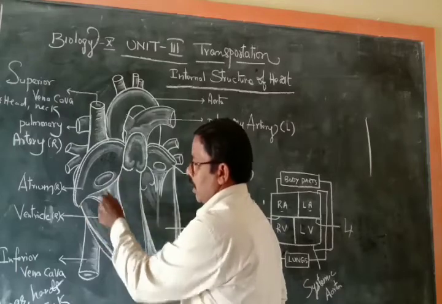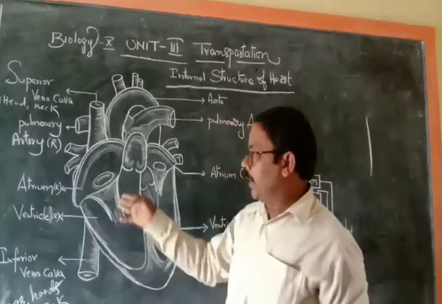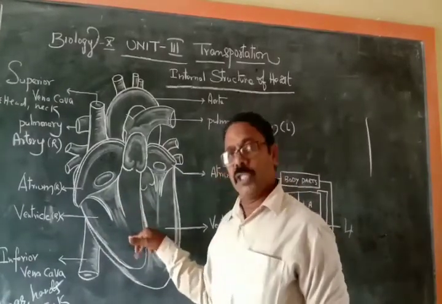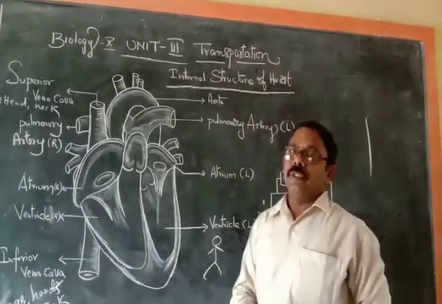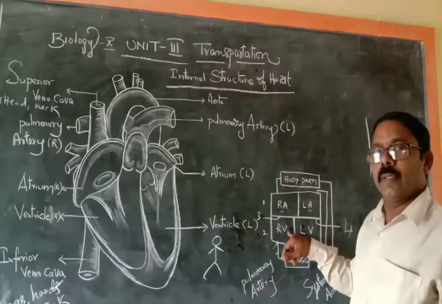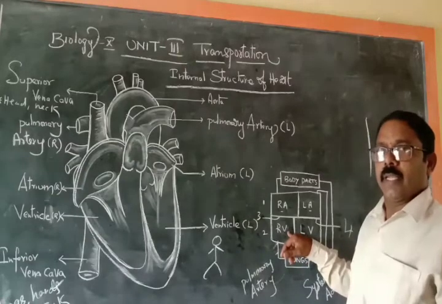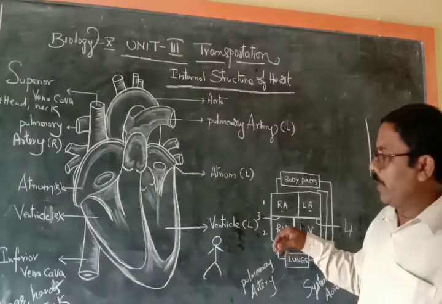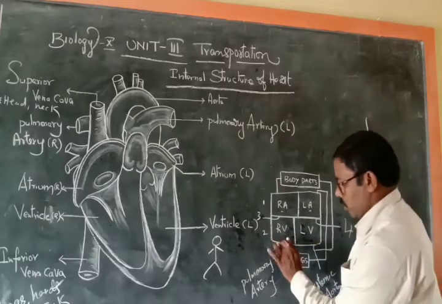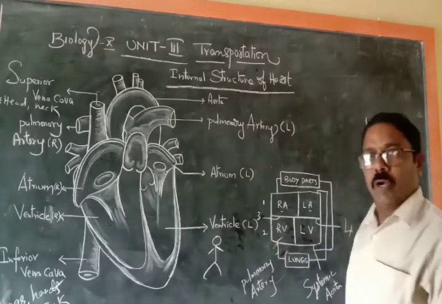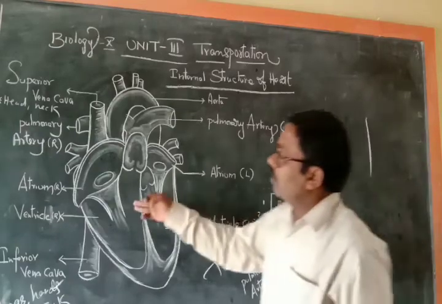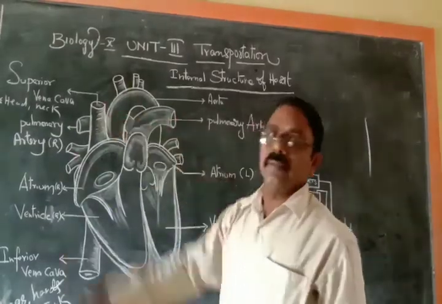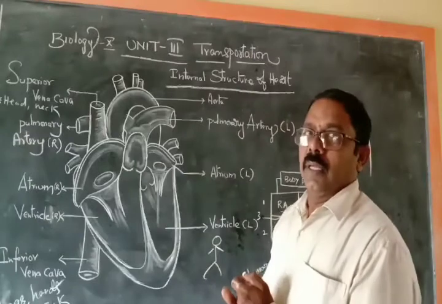When the tricuspid valve opens, the blood flows into the right ventricle. This one is the right ventricle. The right ventricle opens the pulmonary valve, and the valve sends the blood into the lungs, both lungs.